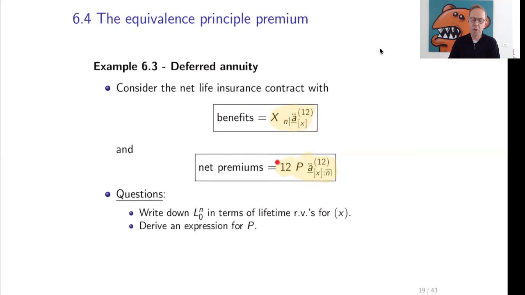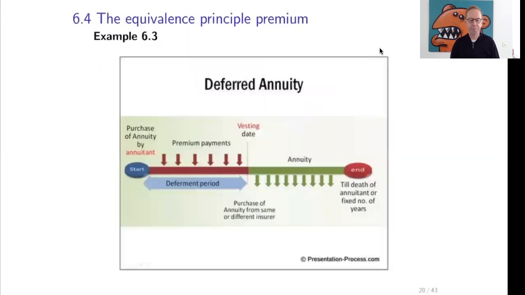There is a total premium payment per year of 12p, but the premium is paid monthly, so that means the premium per month is p. And this premium is paid until retirement, until age x plus n, provided the insured is alive. The question now is, write down L_0, the loss at time 0, the loss at issue, in terms of the lifetime random variable of x, and derive also an expression for the premium.